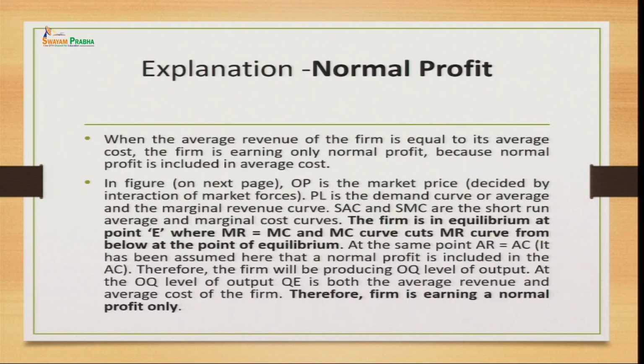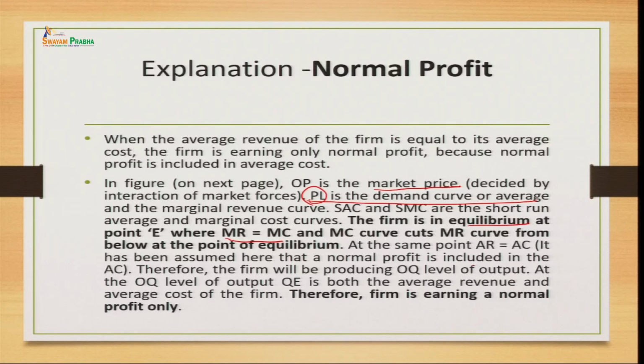Again, here we have the explanation given for this normal profit curve, which I have already explained, where we have seen how we have taken the prices from the market, and how we have represented the demand curve, average revenue curve and the marginal revenue curve with this PL point. And we have also calculated the equilibrium point by understanding where the marginal revenue curve is equal to the marginal cost curve.